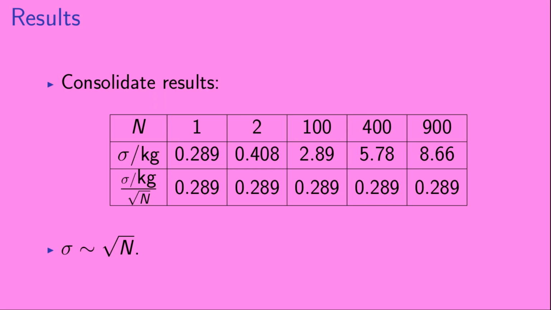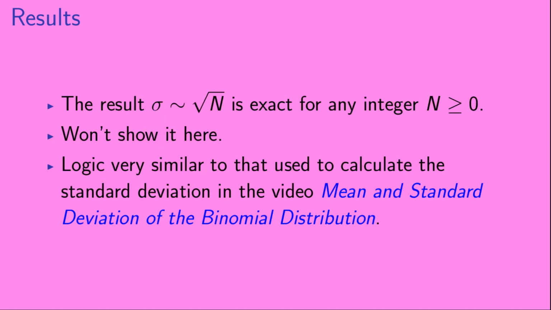So this tells us that sigma is proportional to the square root of n. This result is exact for any integer greater than or equal to 0. We're not going to actually show that here, but if you want to understand how that comes about, the logic is very similar to that we used to calculate the mean and standard deviation of the binomial distribution, given in the video. So you can check that out.